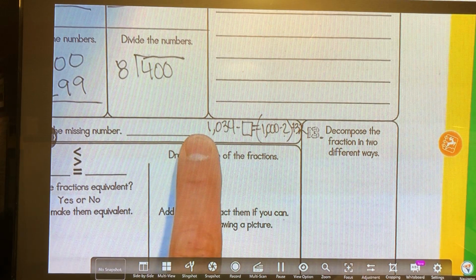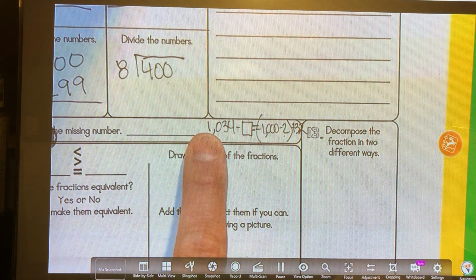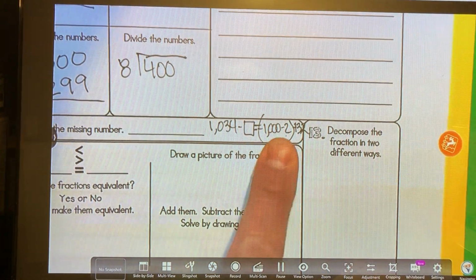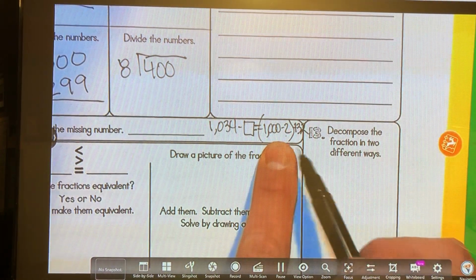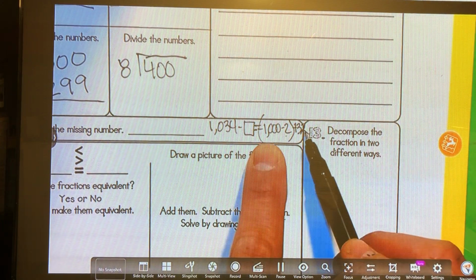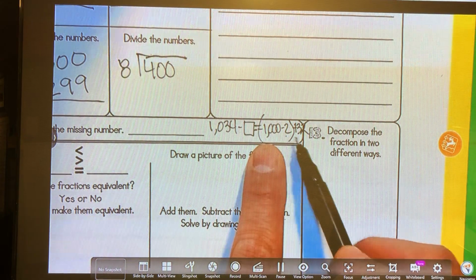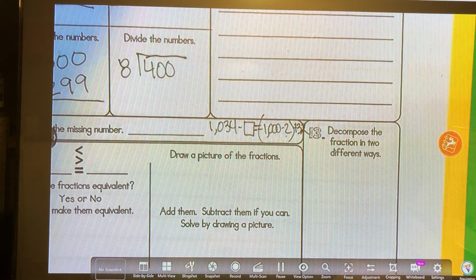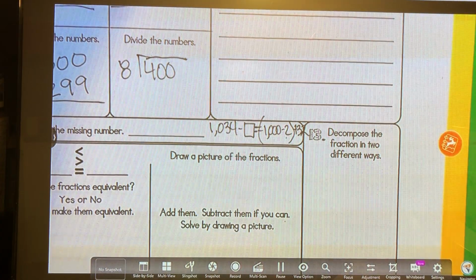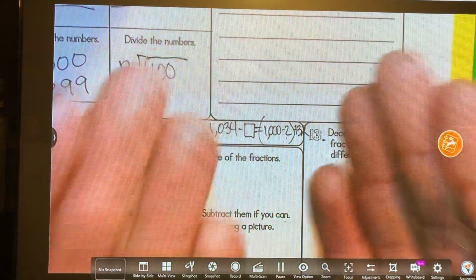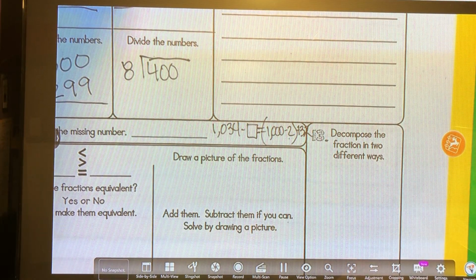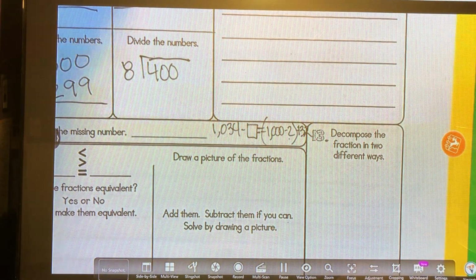So what are you going to take from 1034 in order to make it equal to the right-hand side of the equal sign? You can see 1000 without that minus 2, that would be 1032. So it's going to be 2 less than 1032. And what are we going to need to take away from 1034 to make both sides of the equal sign the same? That was me holding my hands like a scale. Yes. All right. Number 12.